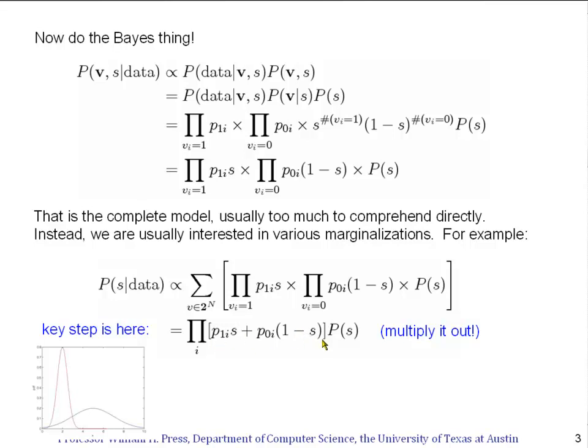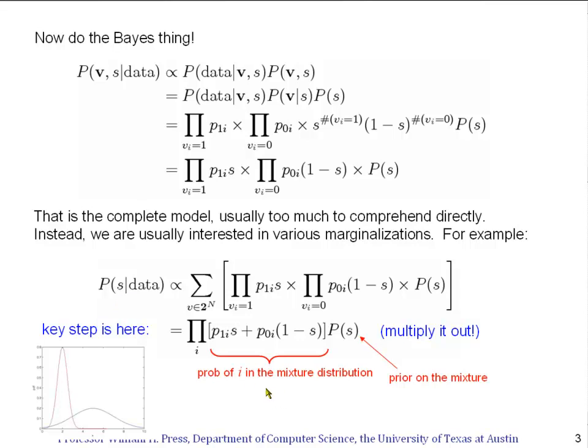So this is basically a huge multinomial expansion, but as I say, if you just stare at it and think, you'll see that the terms in this multinomial are just the sum over all the possible terms of this thing. So that works out quite nicely, and this is a simple formula that you can apply as a product over the data, if you know the prior on S, for what the probability of S is.